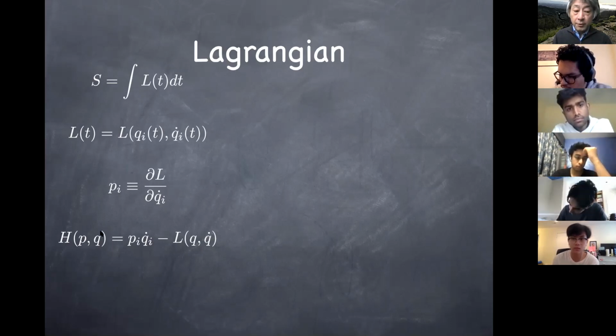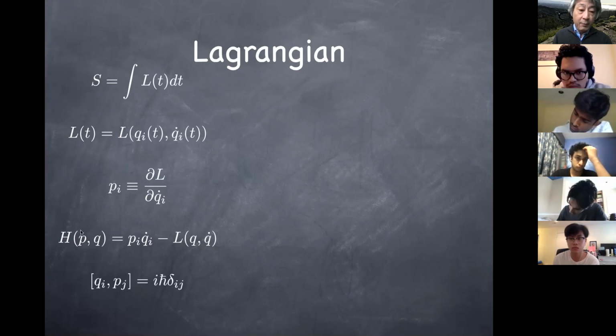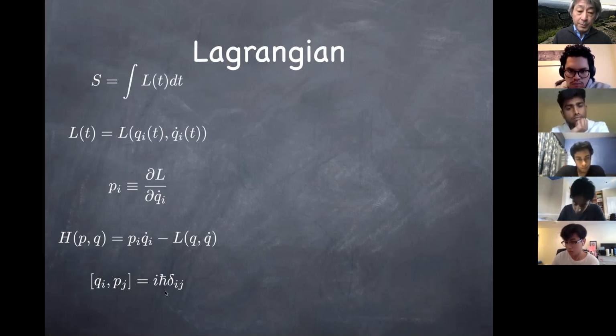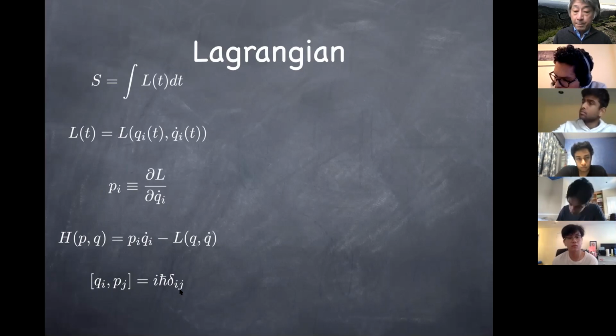It should not contain time derivatives. Once you have this Hamiltonian, you go to the quantum theory by imposing the canonical quantization condition, or canonical commutation relation: the commutator of q and p is given by i h bar. If you have many q's in a system, then each q comes with its own p, and q and p satisfy this canonical commutation relation for each pair of q and p.